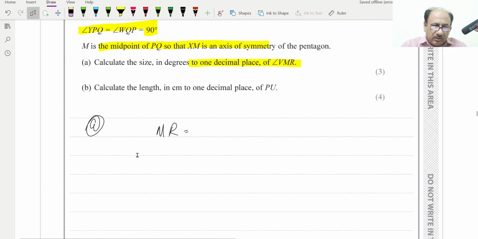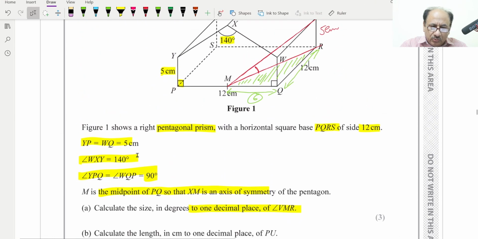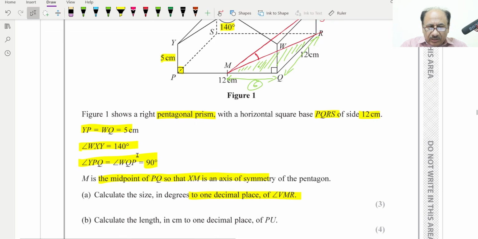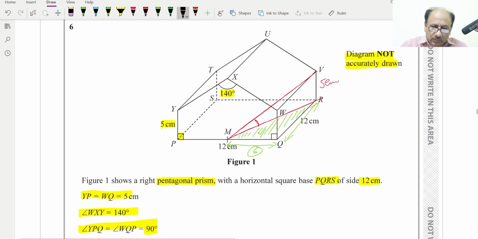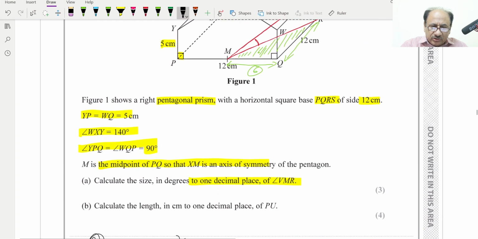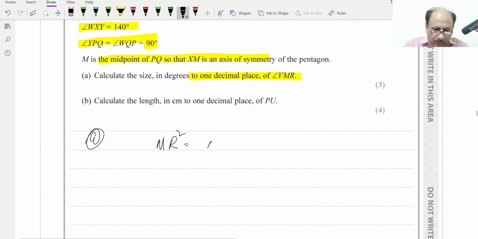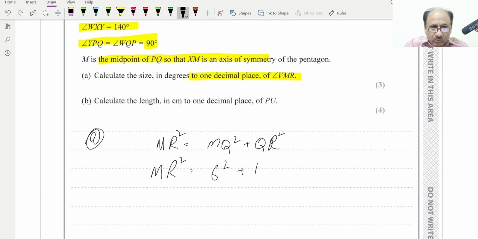Basically MR squared is equal to MQ squared plus QR squared, and MR squared will be equal to 6 squared plus 12 squared.